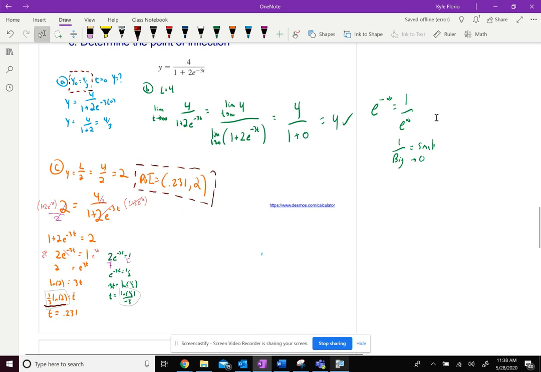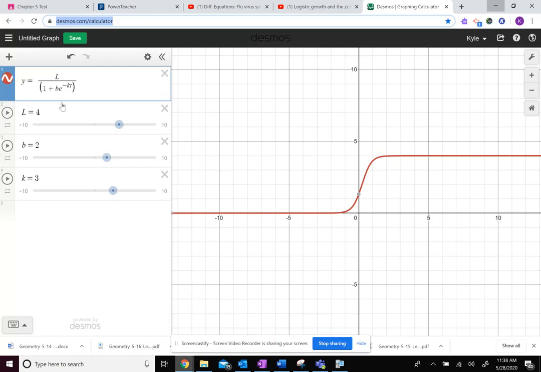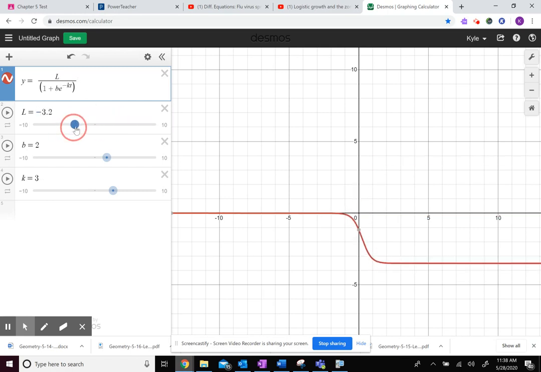Looking at this graph real quick, let's see what happens. So here I typed in the equation, y equals the carrying capacity over 1 plus some constant e to the negative kt. If the carrying capacity is 4, I'm going to bring this up to 4.